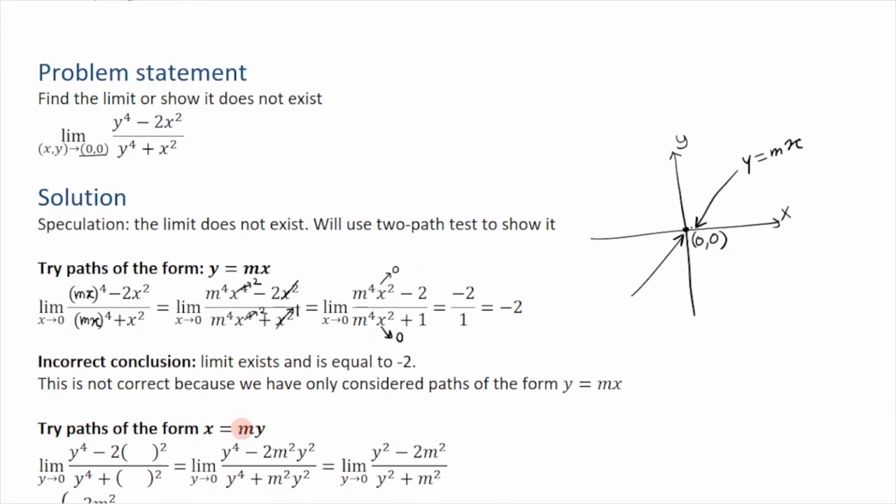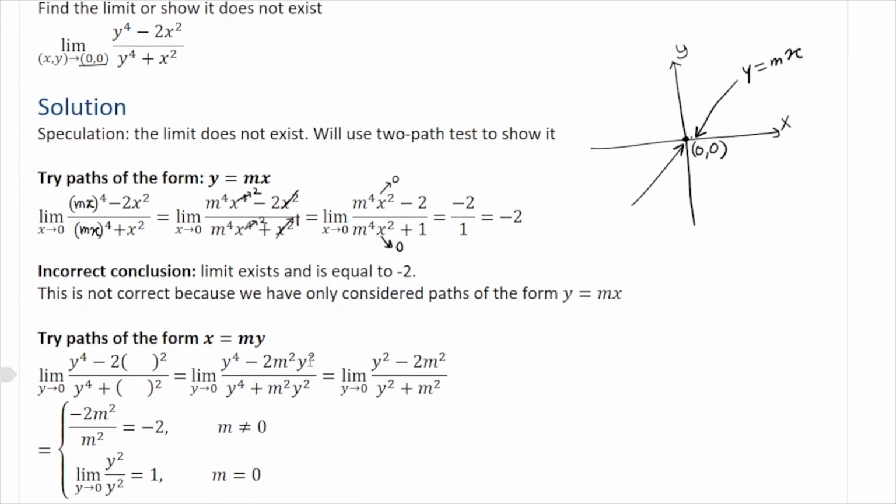Now, if this gives us the same limit, we still haven't really shown anything, so you really shouldn't be using the two-path test to find the limit. Two-path tests are for showing the limit doesn't exist. Okay, so this didn't work. Let's try x equals my. Now we have the limit as y approaches 0, and instead of x, we're going to plug in my.